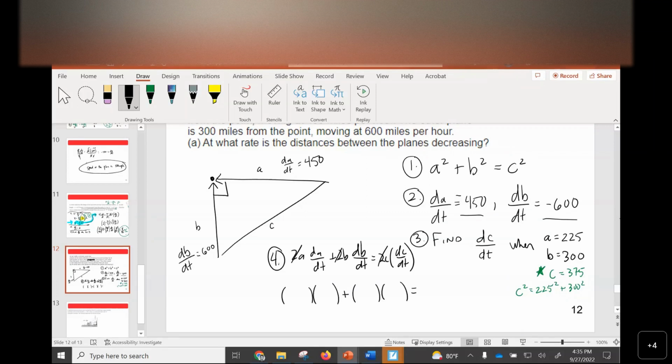I'm trying to find dC/dt, right? So I got blanks everywhere. If I can't fill in those blanks with values, then I can't answer the question. dA/dt is negative 450 when A is 225. dB/dt is negative 600 when B is 300. And C is 375.